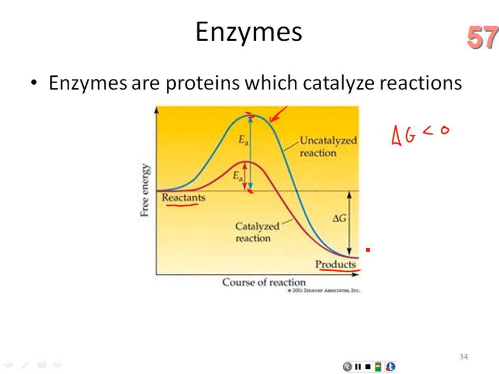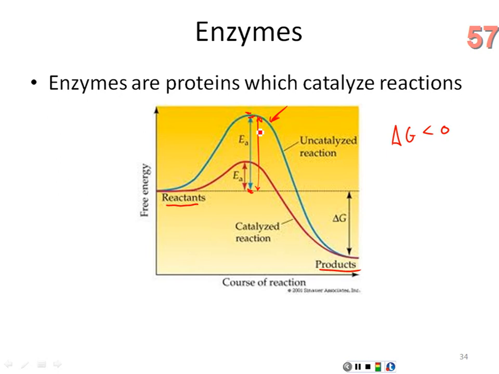If you think about it in terms of the Jenga demonstration we did in class, the Jenga falling off the table was a spontaneous process, but it required a little push. So how big of a push you need to give a process is the height of this hump, the activation energy.